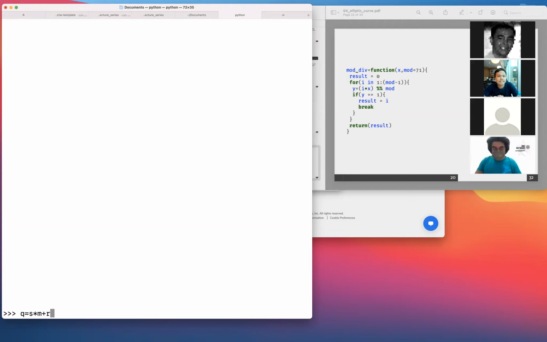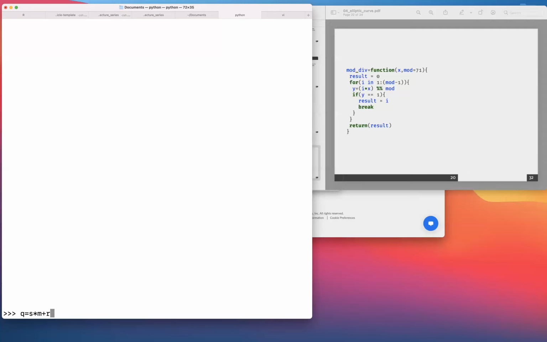I have the slides. I was trying to explain the concept of modulo. So if you have a number and you want to divide it by a certain number m, then you get a remainder r.